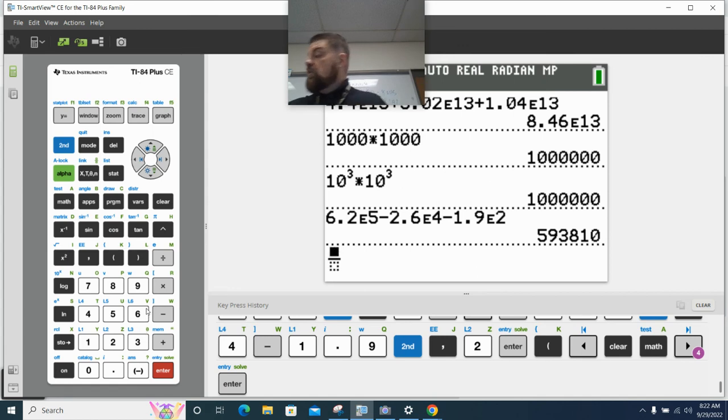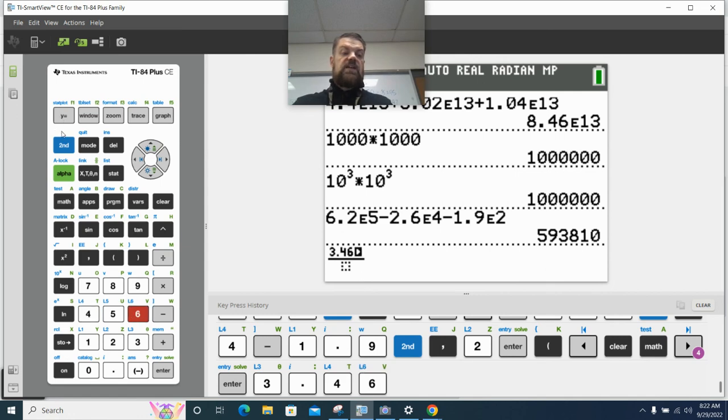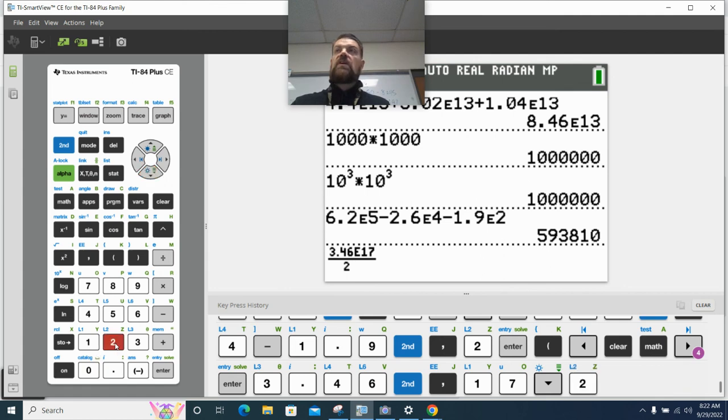Yep. And so then now I just plug in what I have. What is that? That's 3.46 e to the 17. Then on the bottom, what do I have? 2 times 10 to the 9. So now what's 17 minus 9? 8.